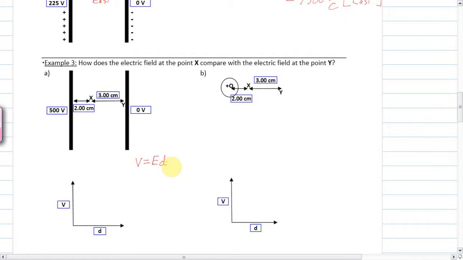E is V over d. Okay? Yeah. So, beware though, don't just use it any time. You might want to write P.P. beside it on your formula sheet, for parallel plate. That is meant for a uniform E field. You cannot use it any other time.